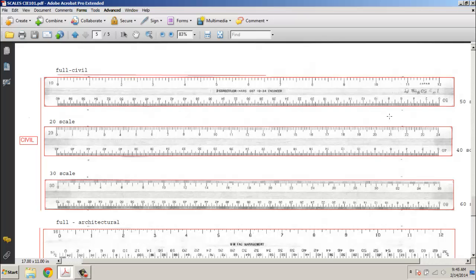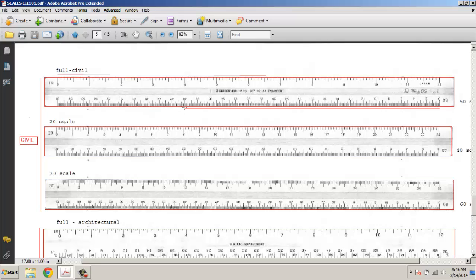Here we have a 50 scale. You'll notice on the 50 scale, if we line this up down here, that this lines up with the 1 inch mark. So it's divided an inch into 5 segments to become a 50 scale. If we put a line from 0 and measure it all the way out to this point at the 40, this would be 50 feet, 100 feet, 200 feet, 300 feet, 400 feet.